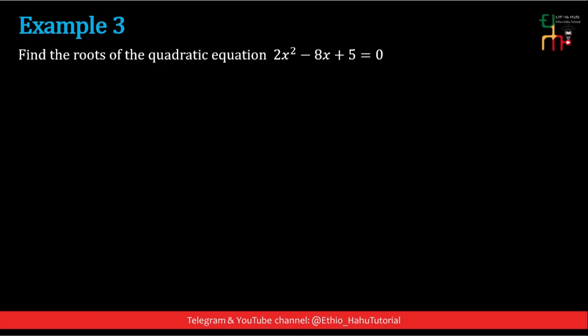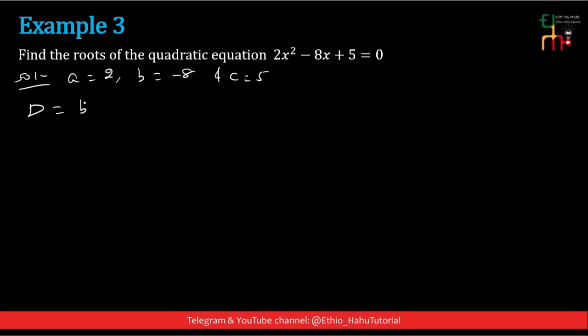The third example: find the roots of the quadratic equation 2x squared minus 8x plus 5 is equal to 0. Here a is equal to 2, b is equal to minus 8, and c is equal to 5.